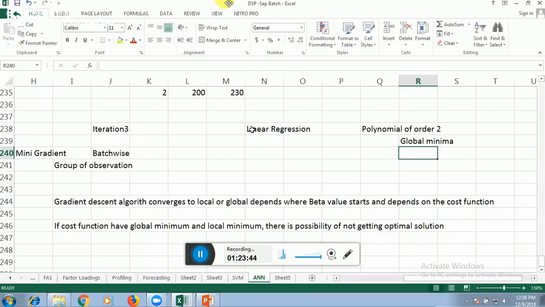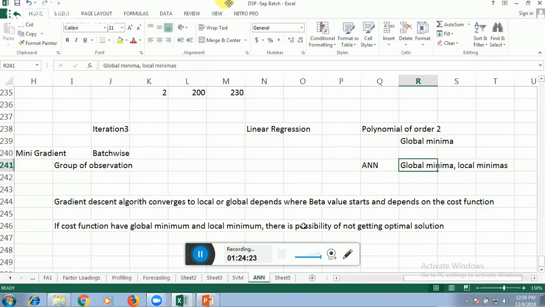Whereas for cost functions like ANN, that is not a polynomial of order 2. It's a polynomial of any kind, it can be order n. So that's the kind of situation. You may have a global minima as well as local minimas. They are possible. So based on the beta value, you may get a local solution or a global solution.